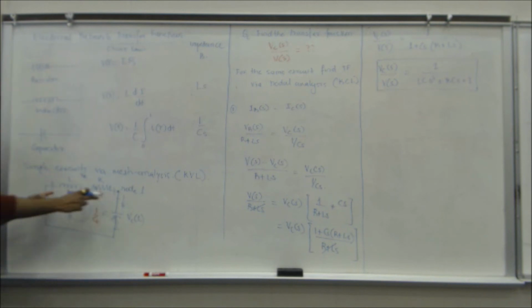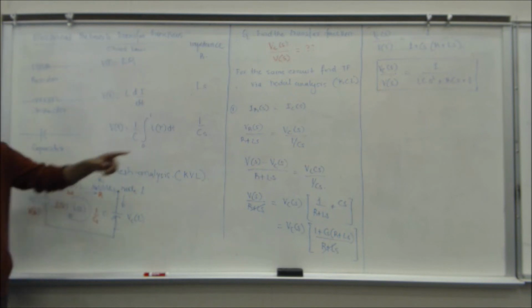Okay. Now what is VR over these two elements? It's the current flowing into the node. Right. So the current flowing into the node is equal to the voltage between these two points divided by the total resistance. That's what you see here.